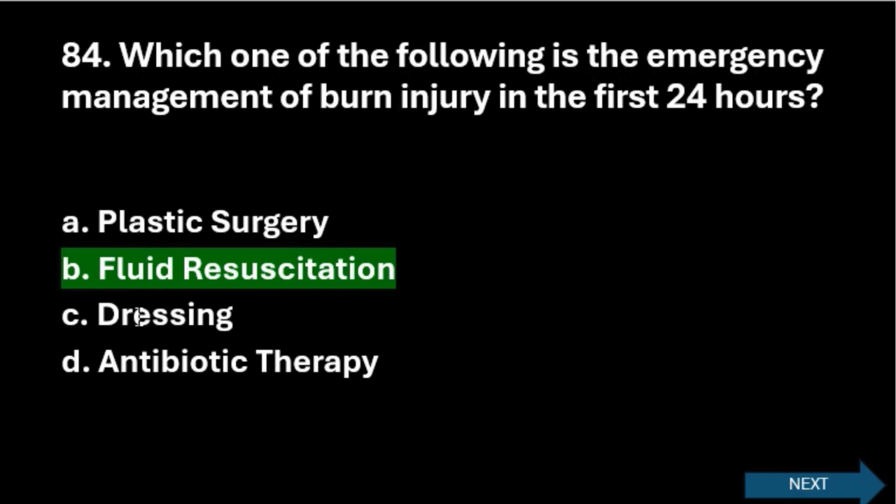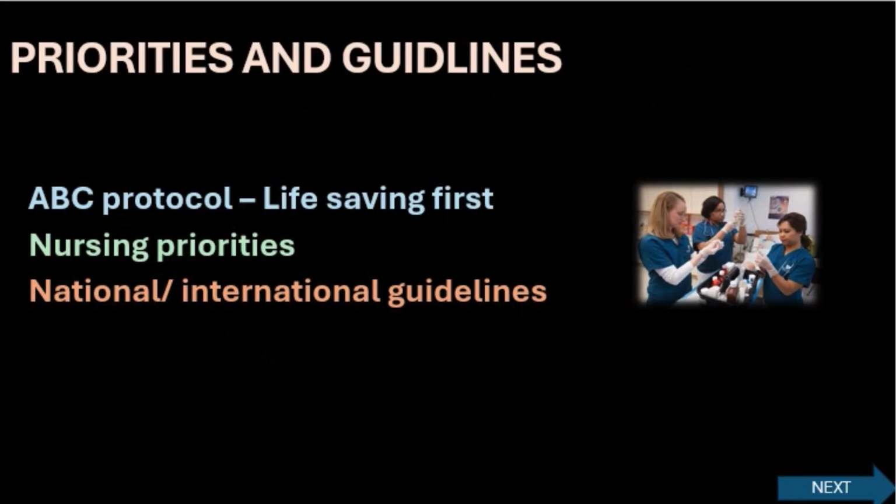Dressing is also a secondary option. It is not urgent. Antibiotics are also not as urgent as fluid resuscitation. So this is the priority and the right answer. This way you have to answer application level questions with priorities and guidelines.